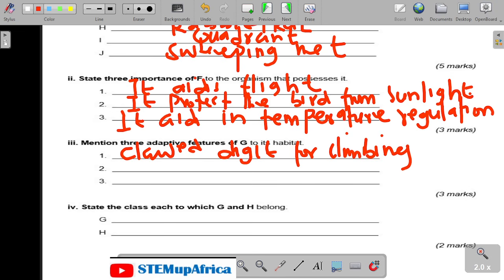Then 2, we have the dry scaly skin for protection.